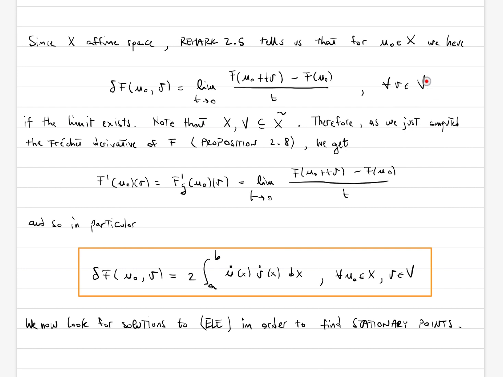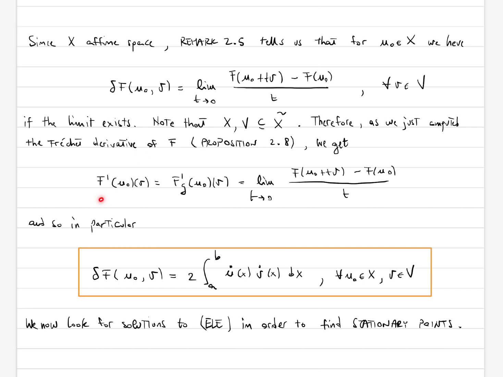So in this case it's the C1 functions with value 0 at the boundary of the interval AB. Also, of course, note that both x and v are contained in x tilde, because in x and v we're just fixing boundary conditions, but in the end they're still C1 functions, so they obviously belong to the set of C1 functions.